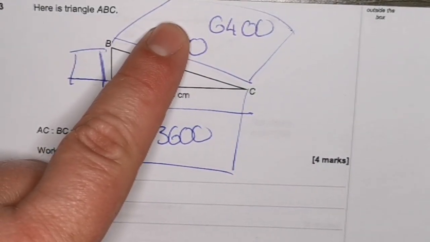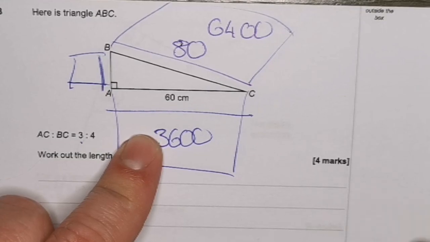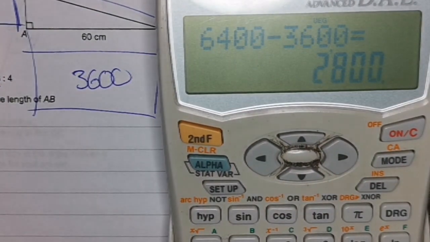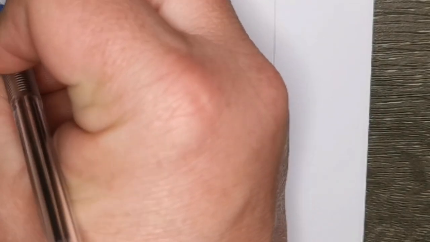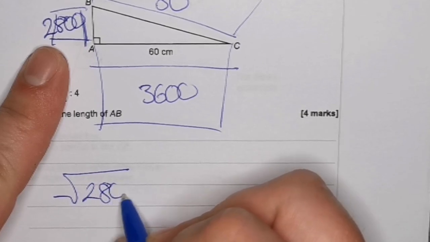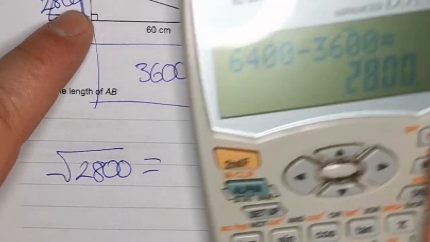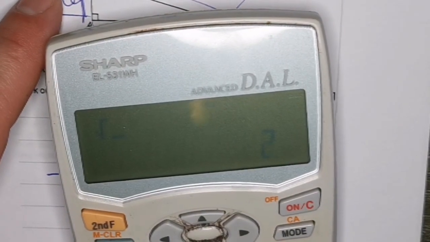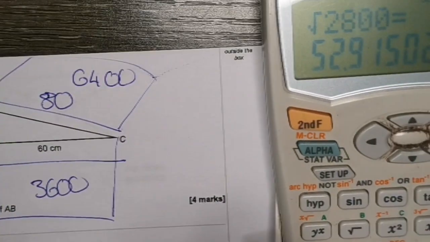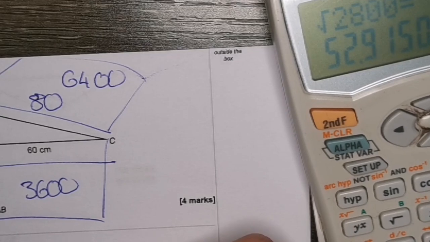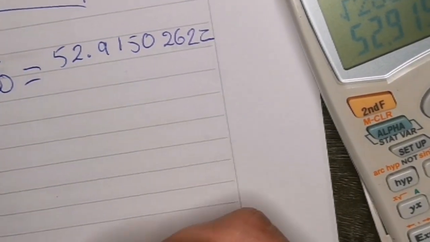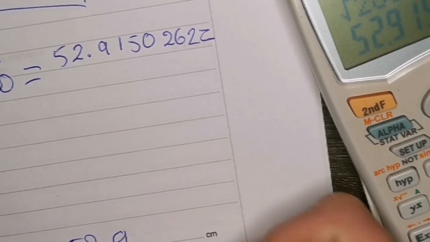This square, take away this square, must give me this square, 2,800. If the area of this square is 2,800, the square root of 2,800 will give me the side length. So square root of 2,800 is 52.9150262, and then 52.9.